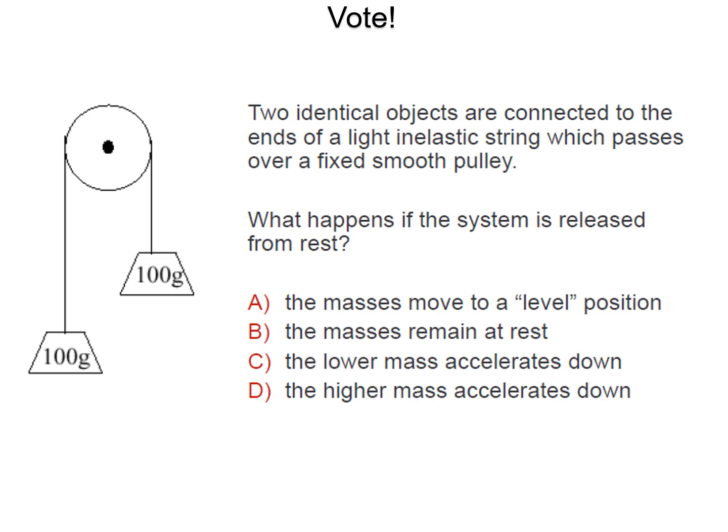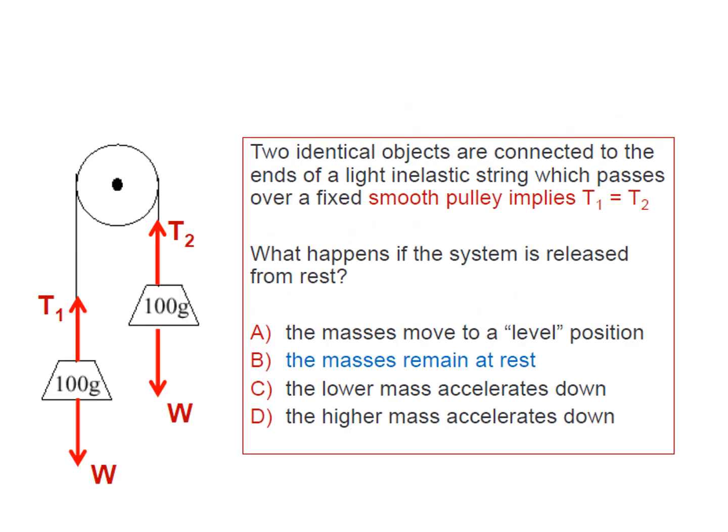Right, moment of truth. Not sure how many you'll have voted for this one. I bet not many. The answer is B. The masses remain at rest because the tension in the strings as they're going over the pulley, as I said, are exactly the same.